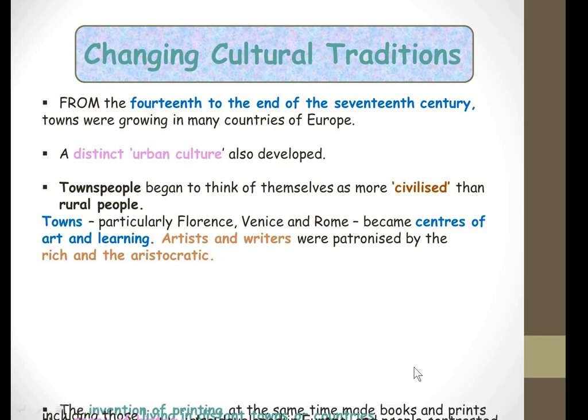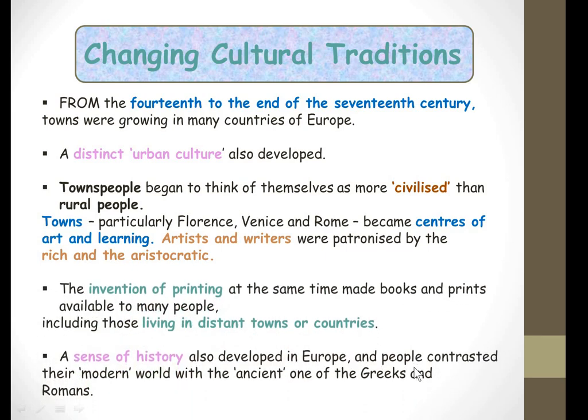They started using them. Of course, the invention of printing led to a new phase when books and prints were available to a larger number of people. People started reading more, including those living in distant towns or countries. They started getting the copies, they started reading, and reading, of course, enlightened people. A sense of history. People wanted to keep a record of their history, and that sense was developed in Europe.